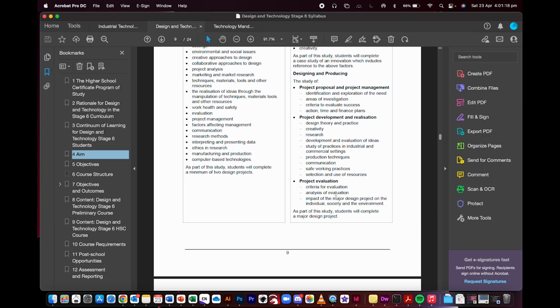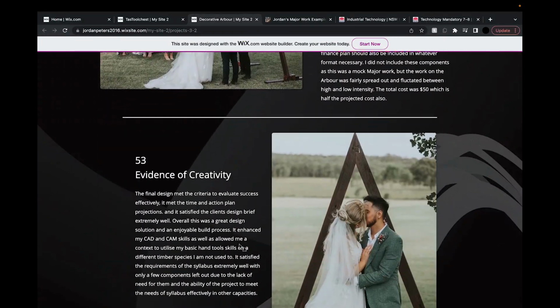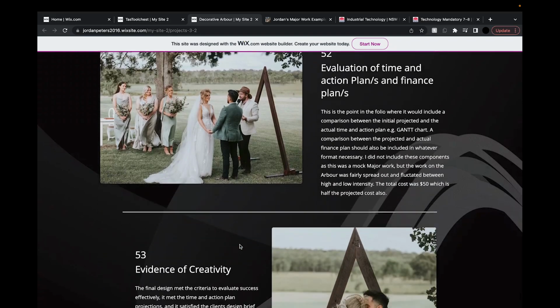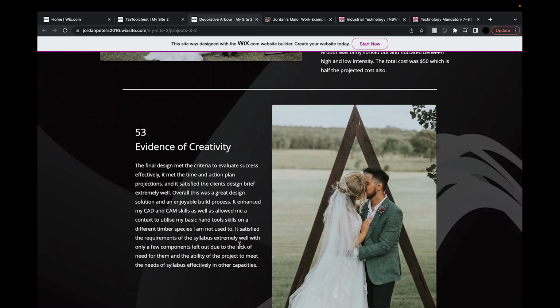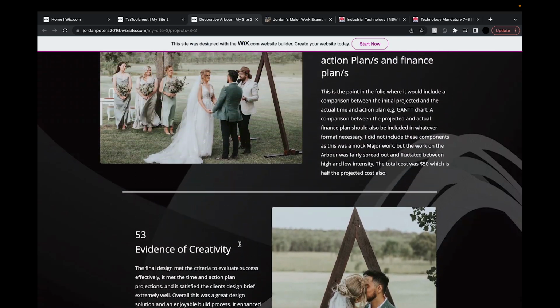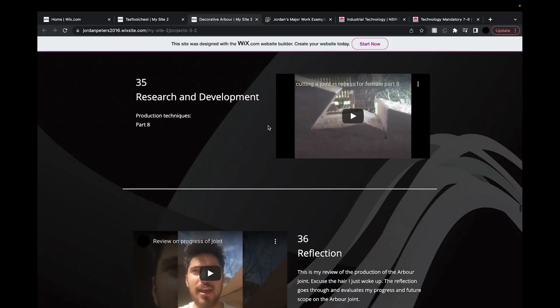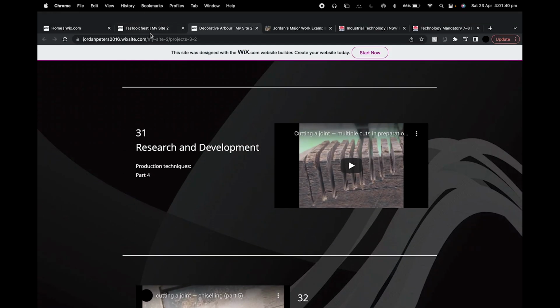Analysis of the evaluation, impact of the major design project on the individual, society and the environment, which I did not include due to the fact that that's more in the scope within like a 100-page folio, while this is quite conclusive and quite comprehensive, but it's not necessary that I talk about every single thing.